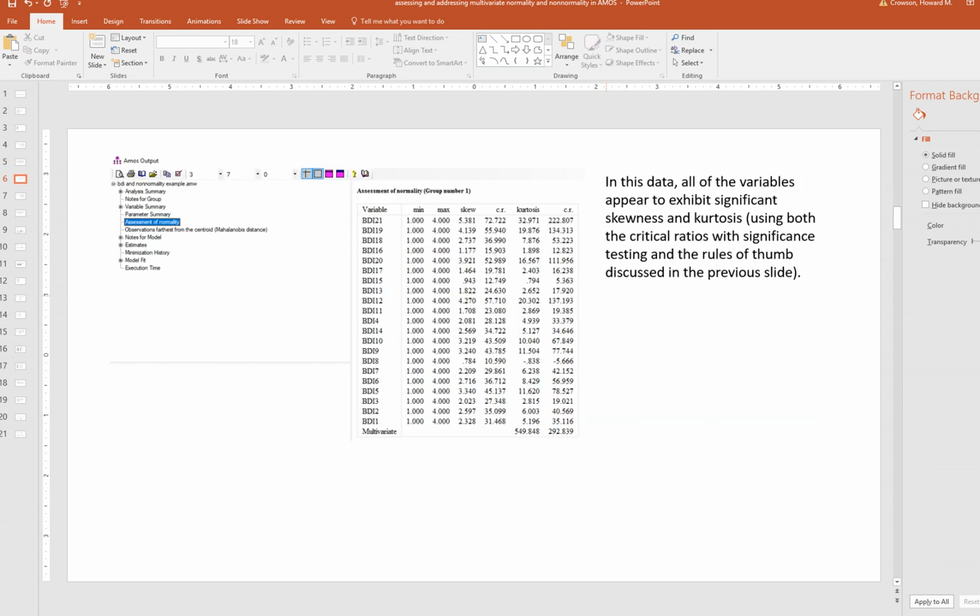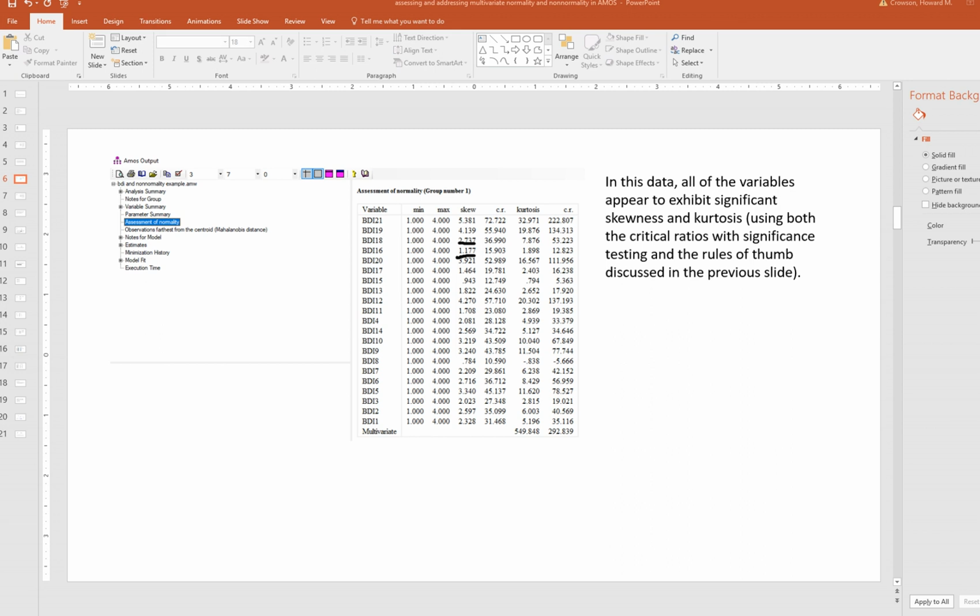Okay, so it does appear that all of the variables in this data set exhibit significant skewness and kurtosis. Using both approaches, we can see that there are, in large part, substantial departures from normality on skew on a number of these. You do have a few where there's not as much departure.